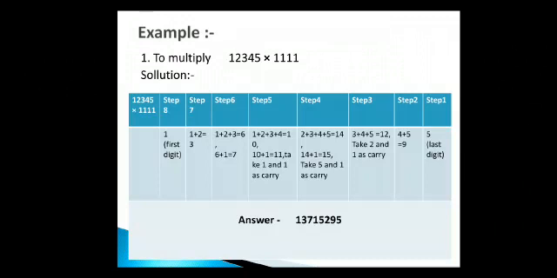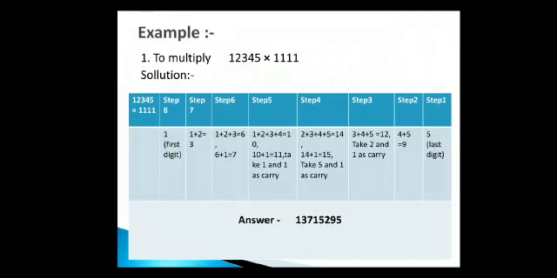We take 2 and carry 1. Step 4, we add last 4 digits. 2 plus 3 plus 4 plus 5 is equal to 14, and carry was 1, so 14 plus 1 is 15. So we write 5 and 1 as a carry.